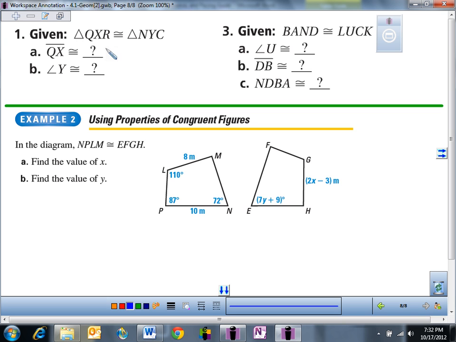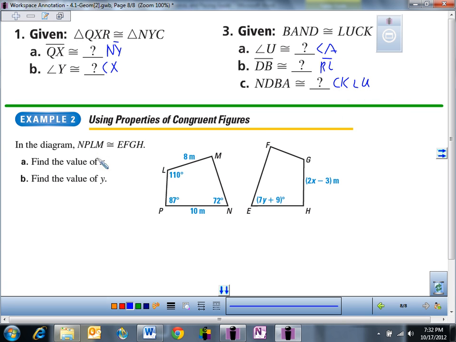So QX is going to be congruent to NY, and angle Y is congruent to angle X. Try number 3. Any questions with those 3?